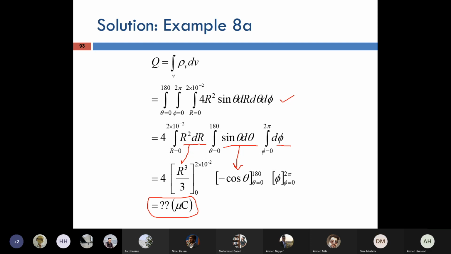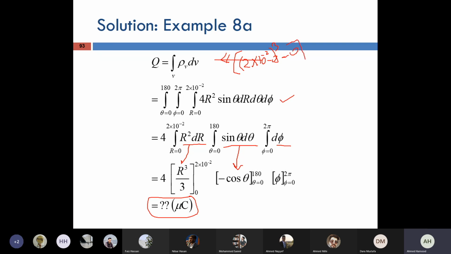Well, sir, I don't know, I got 0. You got 0. Dara, how about the rest? So let's try together. We have 4 and 2 times 10 to the power of negative 2, cubed.